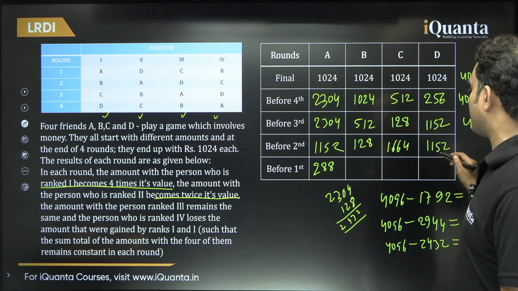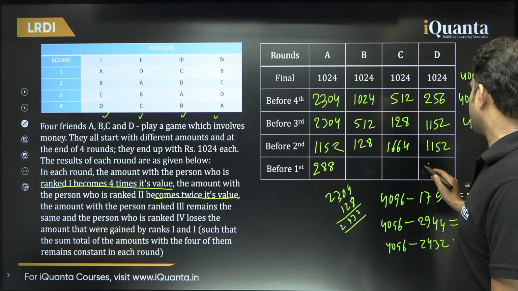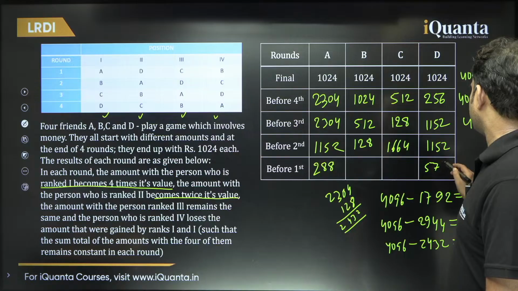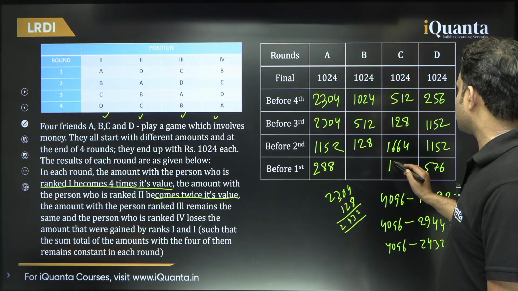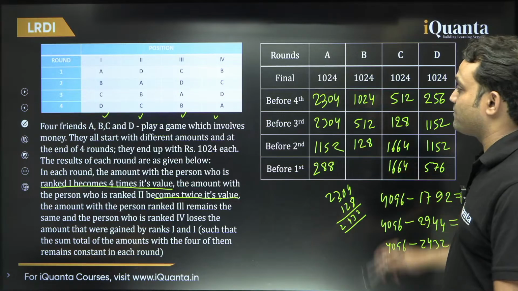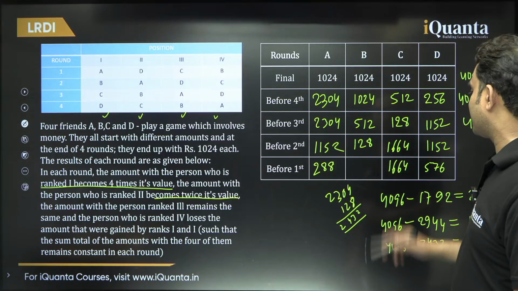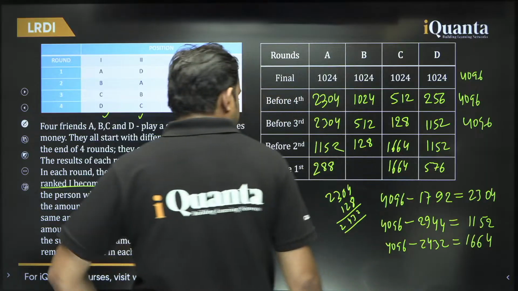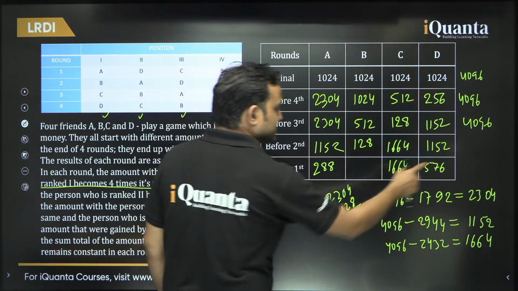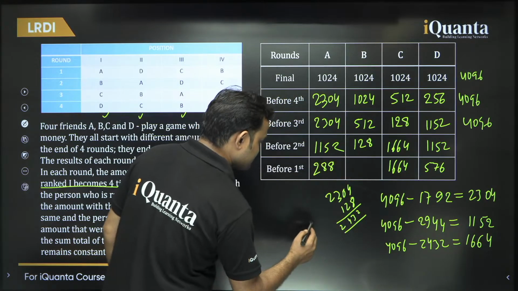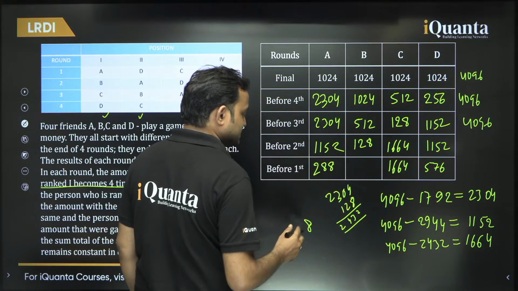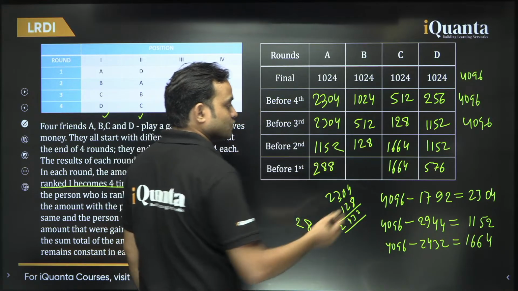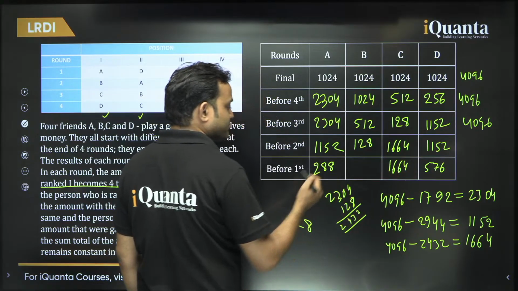So 1152 by 2, it will become 576. C was on third rank, it must have been 1664, the same amount. With B, we need to find the rest of the amount, right? So let's add all these values again. 6 plus 4, 10 plus 8, 18, carried forward 1. 8 plus 6, 14, plus 8, 22, carried forward 2. 7 plus 6, 13, plus 2, 15.